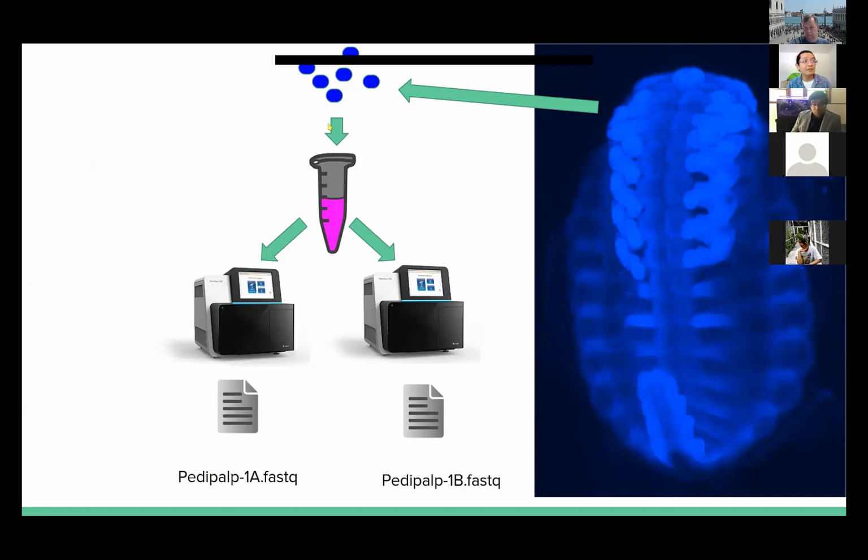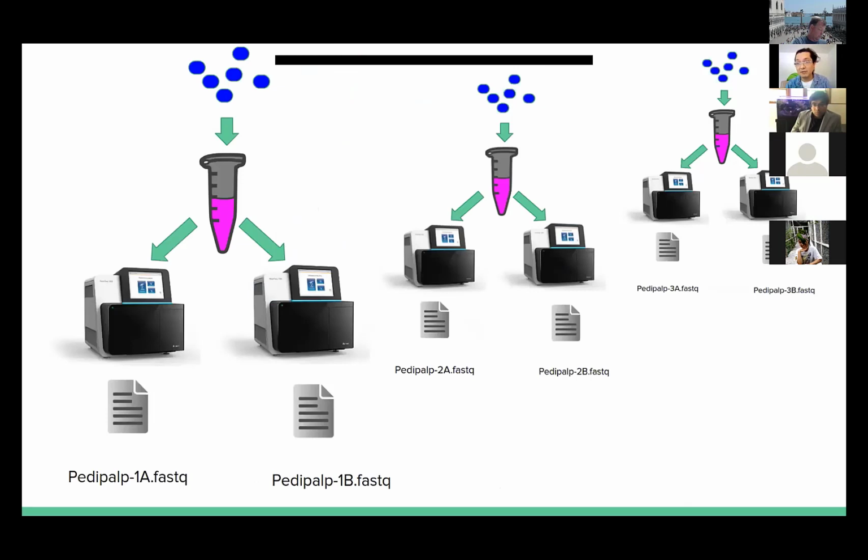And an interesting point here is that the sequencing was done in parallel in two independent lanes, so that for every single biological replicate, we had two technical replicates that represent the sequencing from the very same extraction. And to account for the biological variation, we repeated this procedure for each individual appendage 3 times.